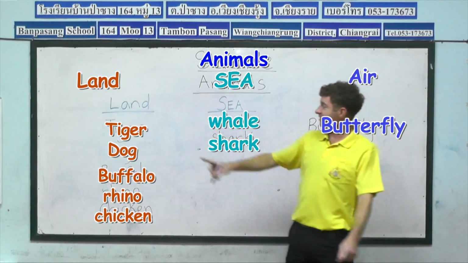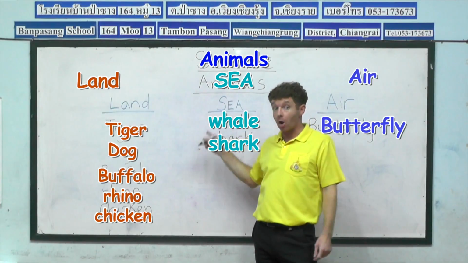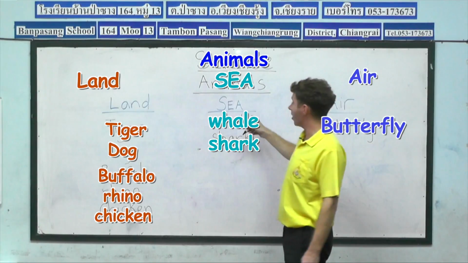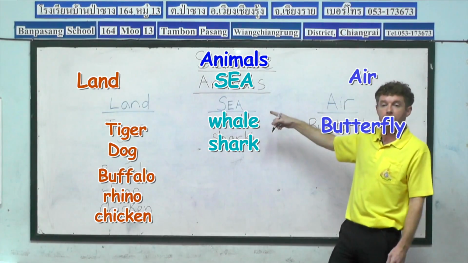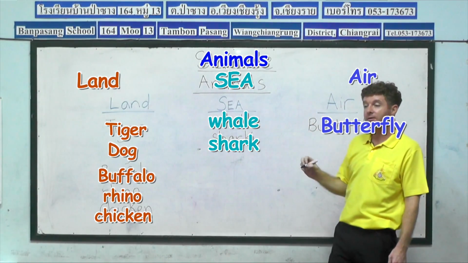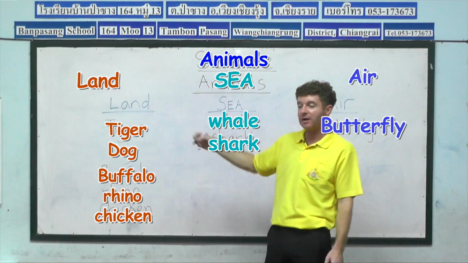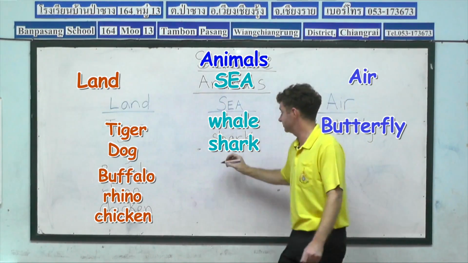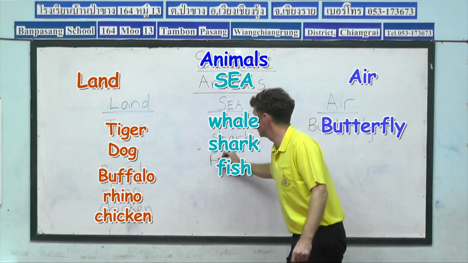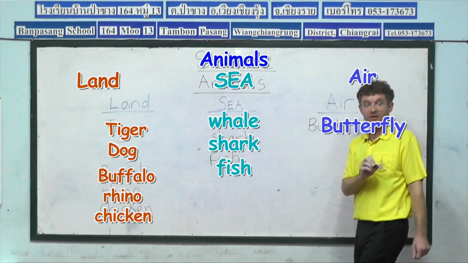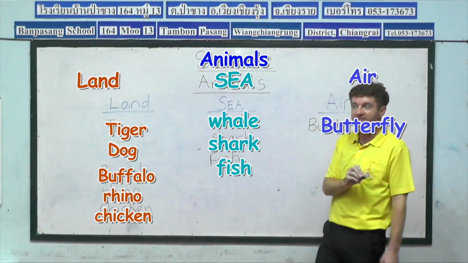A crocodile is actually a land animal that can go in water, but it lives on land. So far in the sea, whale, shark. Can we think of any more sea animals? Not snake. Snakes live on land. Fish. F-I-S-H. Fish.